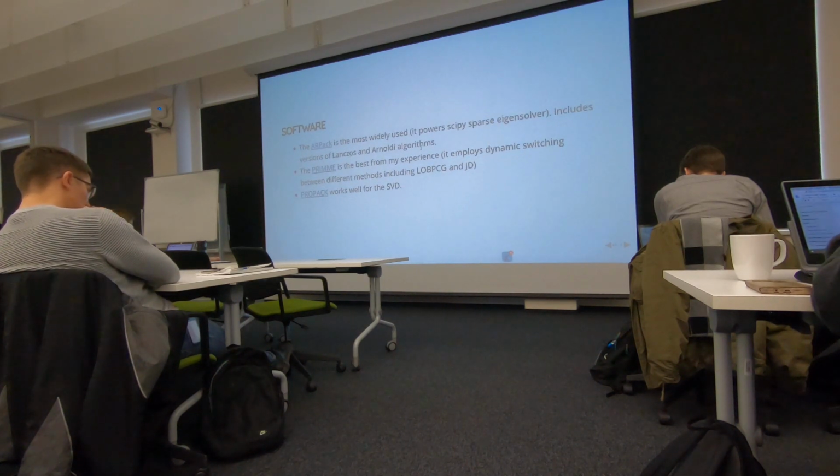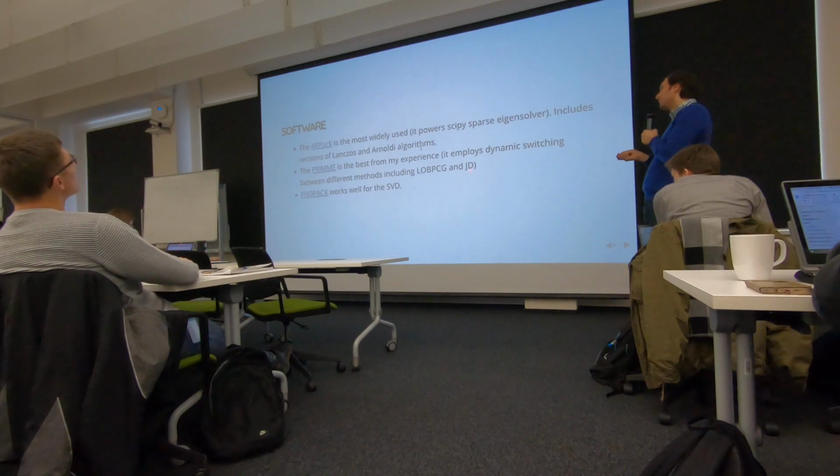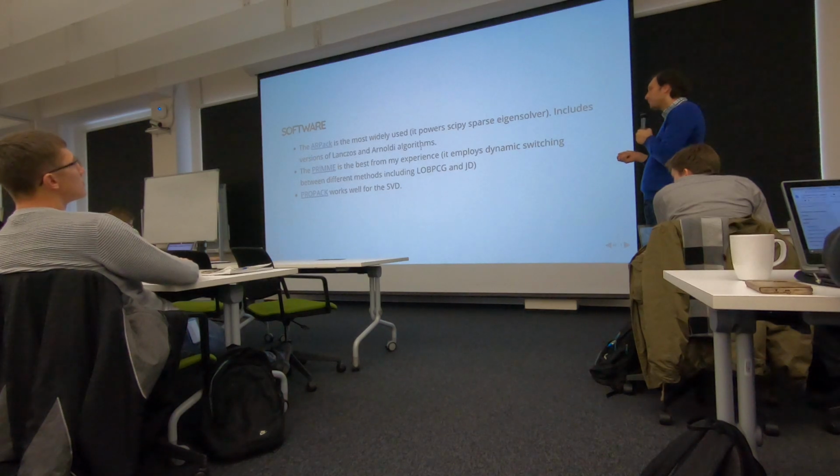So it's also the fastest and difficult. There are quite a few implementations. ARPACK, SciPy sparse is always powered by ARPACK. In my experience, PRIMME is the best code. Now people put a lot of hyperparameter tuning in it. Making it work is painful.